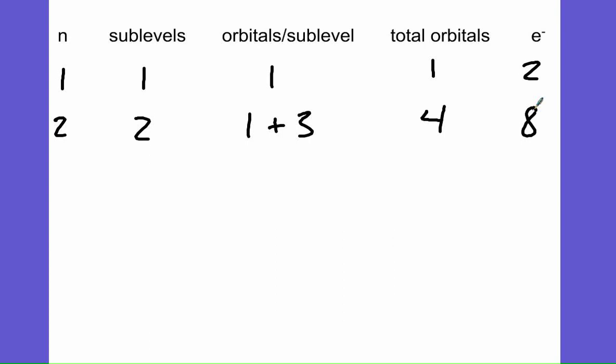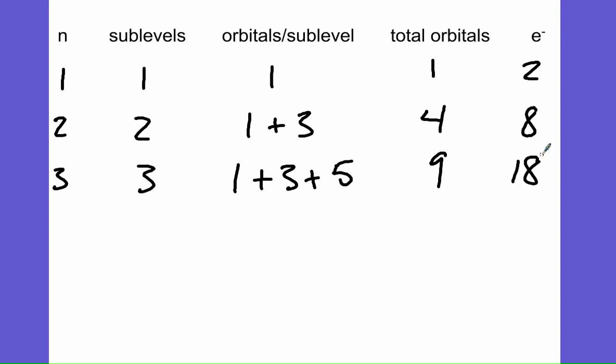Simple math, but it keeps building, right? So n equals 3, there should be 3 sublevels now, S, P, and D. So 1 orientation for S, 3 orientations for P, 5 orientations for D. That gives me 9 total orbitals and 18 electrons total in that third energy level.